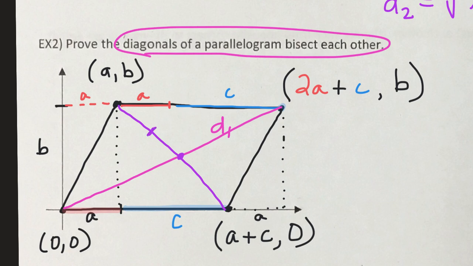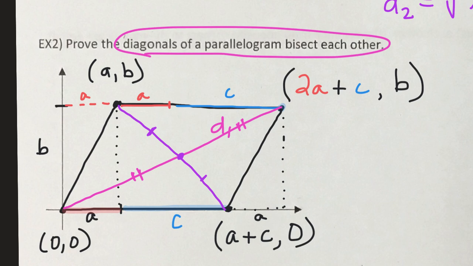If we can show that these two lengths are equal, then it's in the middle, and if we can show that these two are equal, then that means it's in the middle. To bisect means to cut in the middle. And if it's in the middle, that means the lengths are the same. So the length from the origin to the middle is the same as the length from the middle to the end. And we're going to do this with formulas or equations.